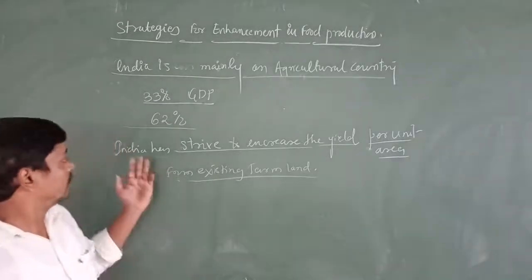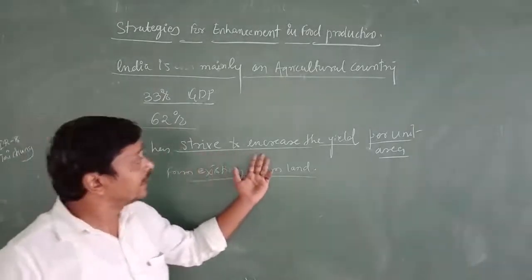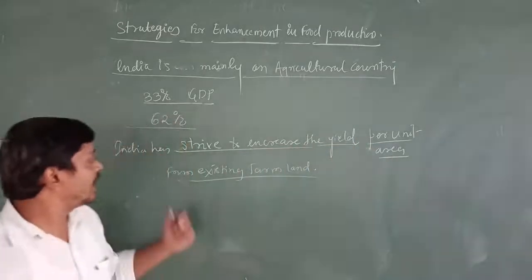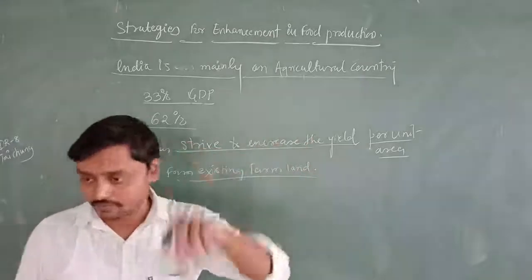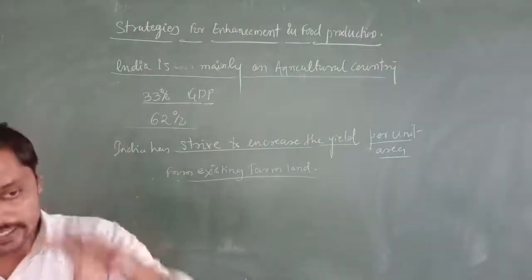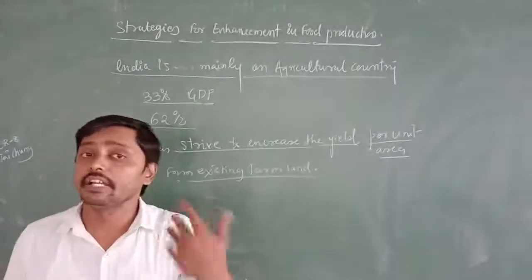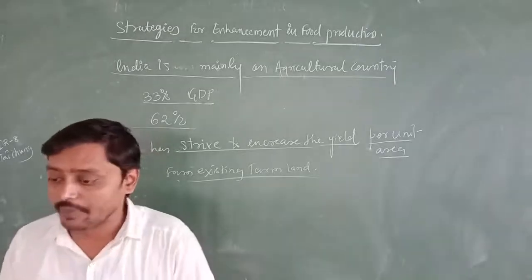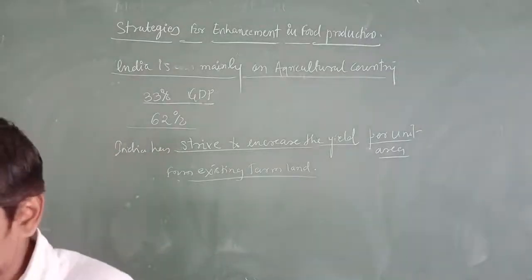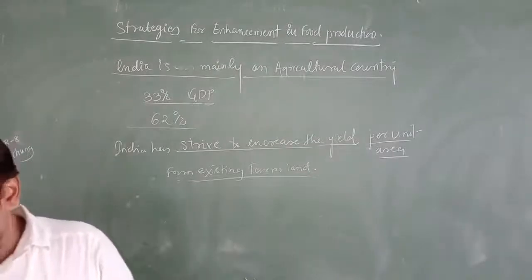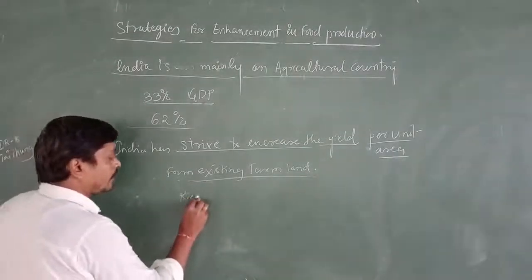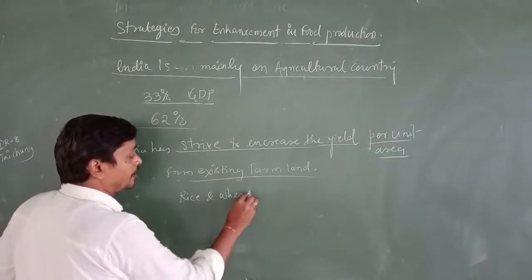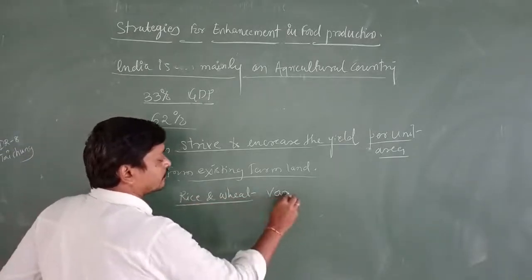India has to strive to increase the yield per unit area from the existing farm land, ಅಂತಂದ್ರೆ ಇದ್ದಂಥ ಒಂದು ಲ್ಯಾಂಡ್ ಆಗಿದ್ದಾಗ ನಾವು ಹೆಚ್ಚಿಗೆ ಪ್ರೊಡಕ್ಷನ್ ಮಾಡಬೇಕು. ಅದೇ ಟೈಮ್ನಾಗ ದ ಡೆವಲಪ್ಮೆಂಟ್ ಆಫ್ ಸೆವರಲ್ ರೈಸ್ ಆ್ಯಂಡ್ wheat varieties.